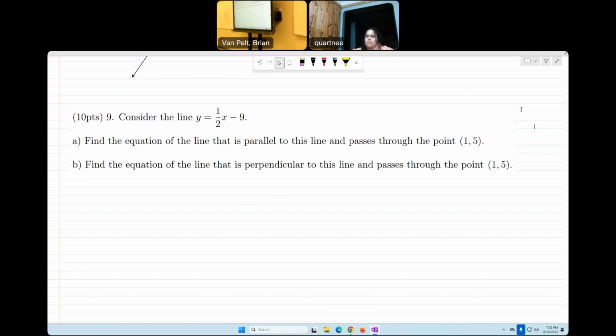Negative. Or 1/2. Now, there are 2 ways to do every one of those problems. You're doing the second way that I did. 2 ways to do each problem.